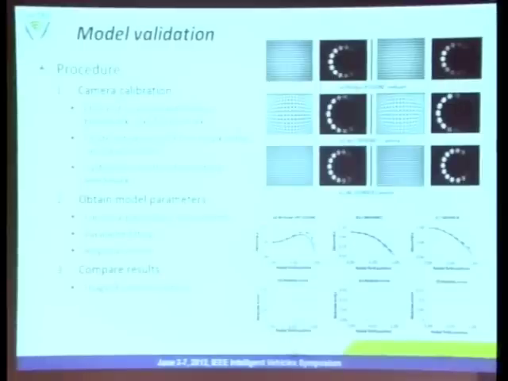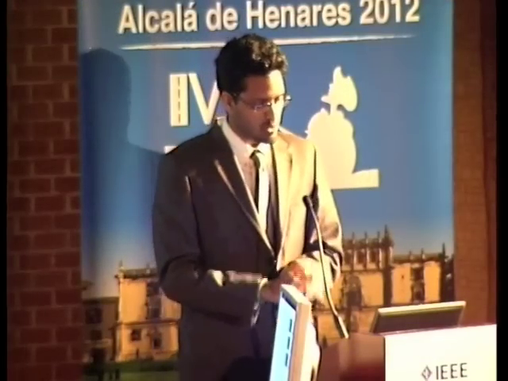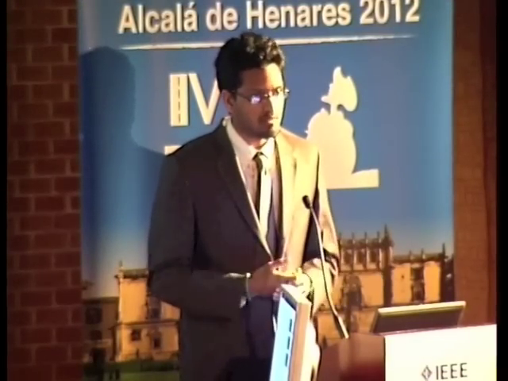Now in the procedure, you have your real benchmark, and we added a simulated benchmark. The calibration is made on the real benchmark. You obtain parameters, and then you can reintroduce them into the simulated benchmark to set up your camera inside. Then what you can do is compare the results.